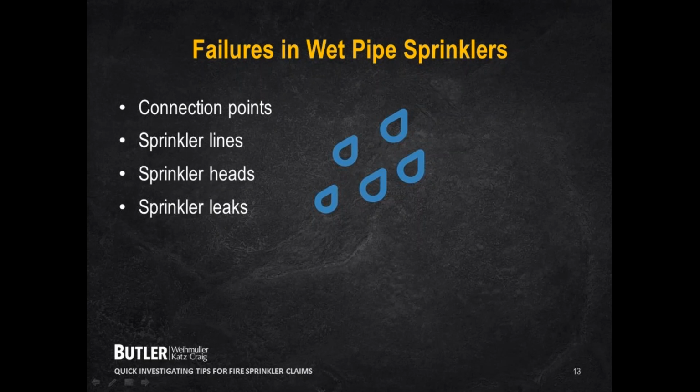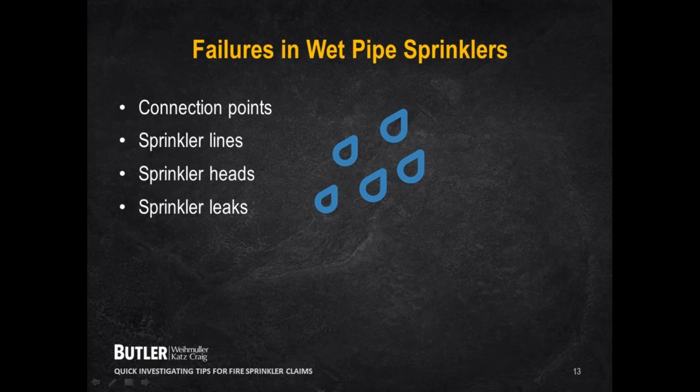If it's a slow drip, eventually somebody notices that a ceiling tile is accumulating moisture, and then eventually water stains. So a leak at a connection point is one type of failure.